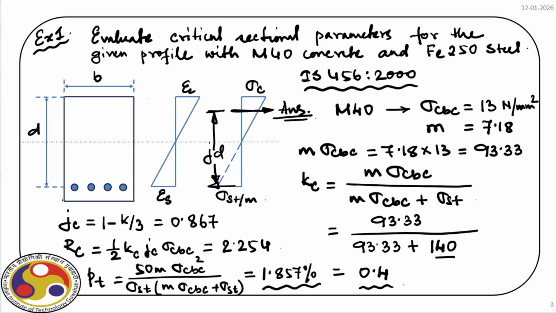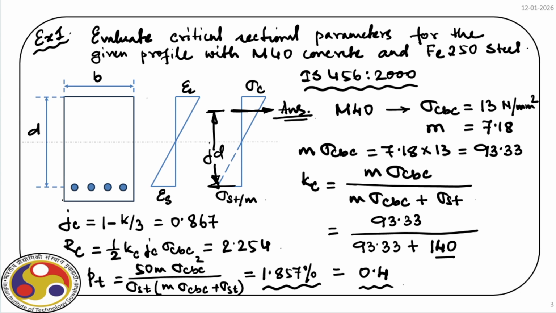Okay, so that solves all the critical parameters for this section having M40 concrete and Fe 250 steel. Now once you find out these sectional parameters, that is Kc, Jc, Rc and Pt, you can also find out the moment of resistance for this section.